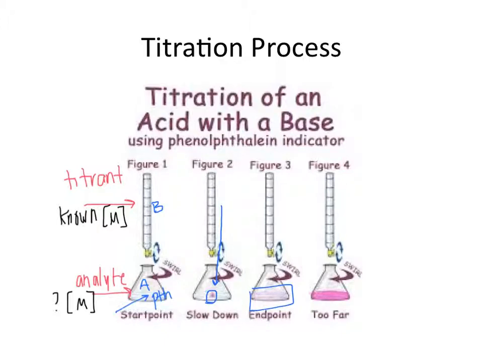You can see in figure 4, they've gone way too far. So you're going to add base drop by drop, each time swirling. As soon as that drop makes that pink color permanent and it doesn't go away, you stop. You don't want to go past endpoint. Now, endpoint is important because it signals to us that we've reached equivalence point.